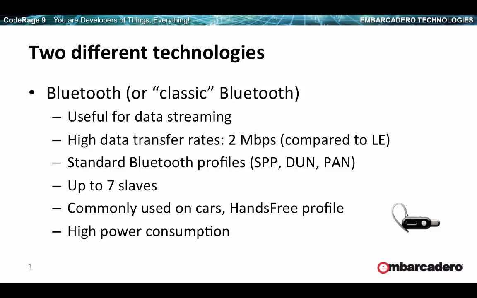One disadvantage of classic Bluetooth is that we can connect up to 7 slaves, or connect our device with another 7 ones. And the main disadvantage, I think, of the Bluetooth technology is the high power consumption. This is because when we establish a connection between two Bluetooth devices, it is a permanent and live connection.